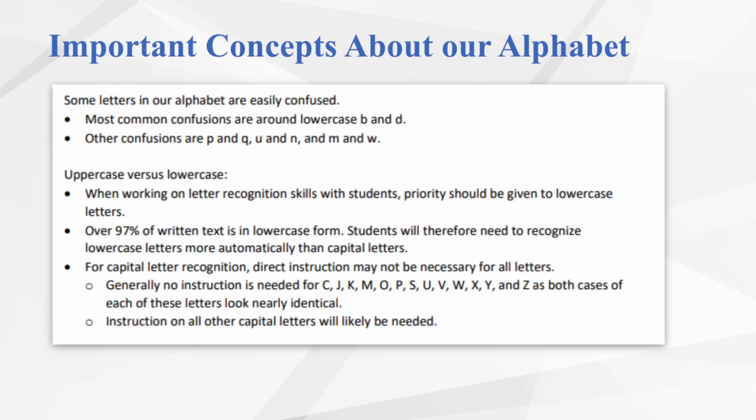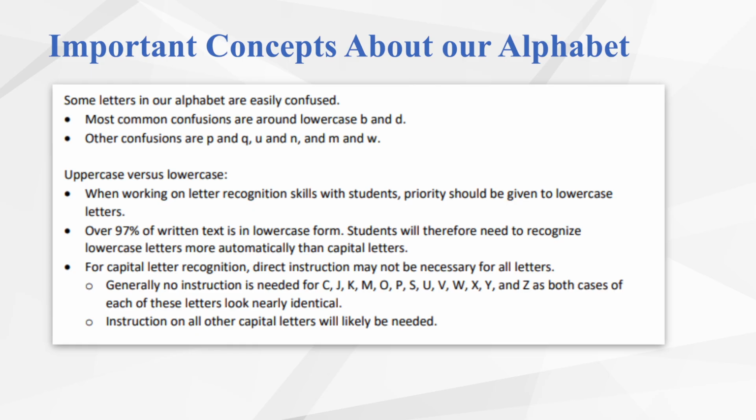Within the topic of orthography, it's important for us to begin talking about the letters of the alphabet. There are many letters in our alphabet that can be easily confused. The 2 most common confusions occur around the lowercase b and lowercase d.